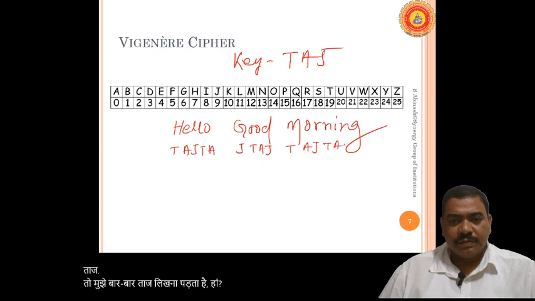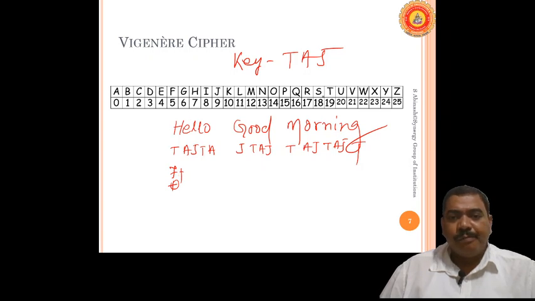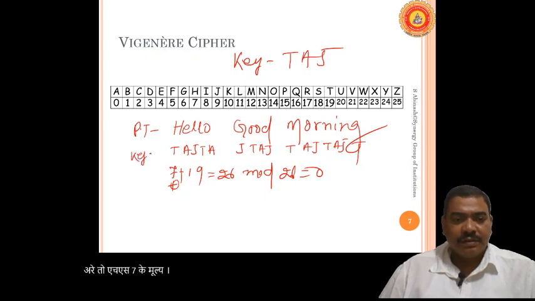The value of H is 7. T is 19. So 7 plus 19 is 26, 26 mod 26 is 0. So in place of H, this is the plaintext, and this is the polyalphabetic key, and the ciphertext will be A.